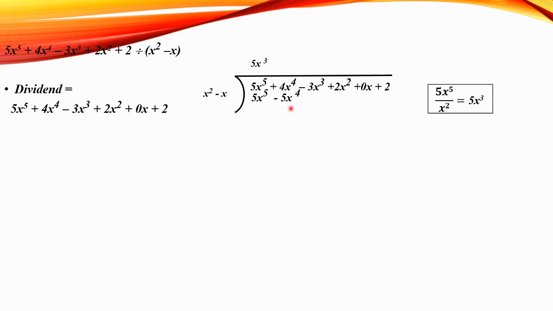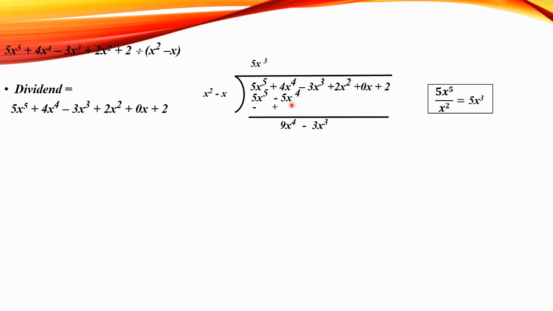We will subtract it, so the signs will be changed. So 5x raised to power 5 and minus 5x raised to power 5 will be cancelled. On the next term we get 4x raised to power 4 plus 5x raised to power 4.